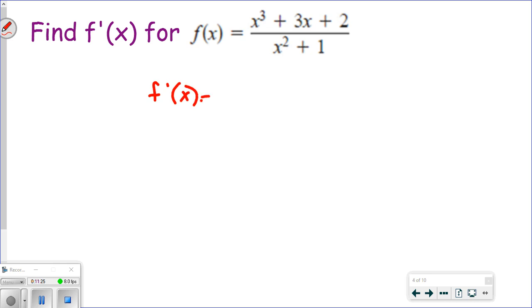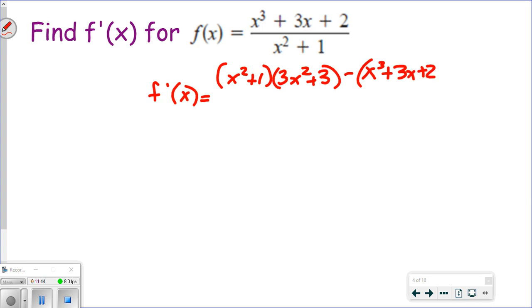So remember, the quotient rule says low, so low is the bottom, D high, so derivative of the top, minus high, D low. Now the derivative of the bottom, D low means derivative of the bottom.